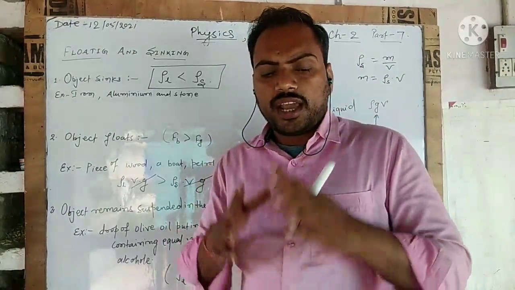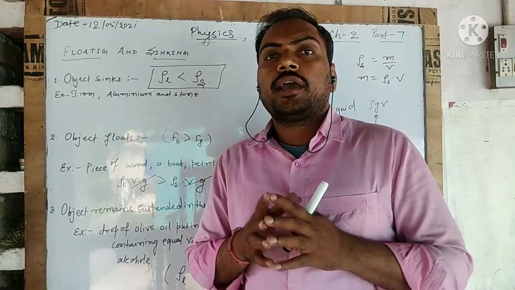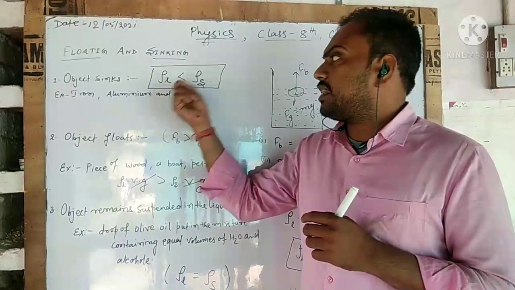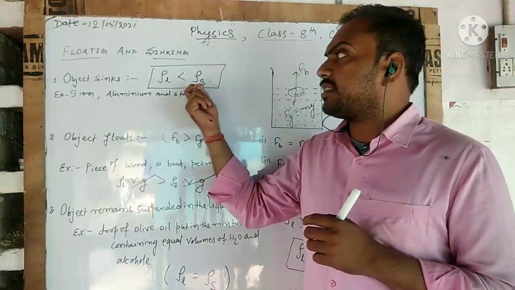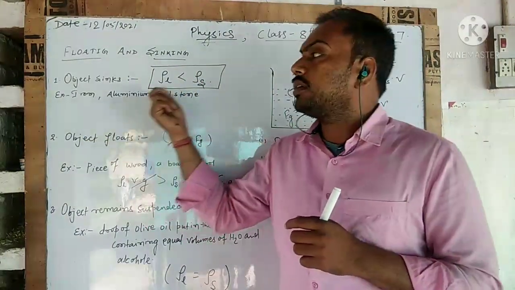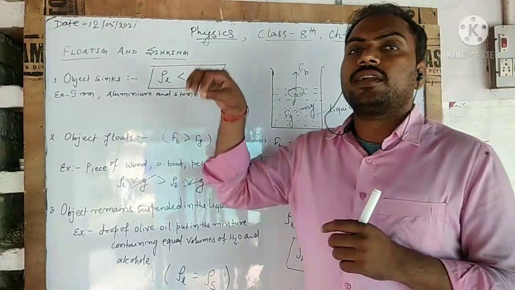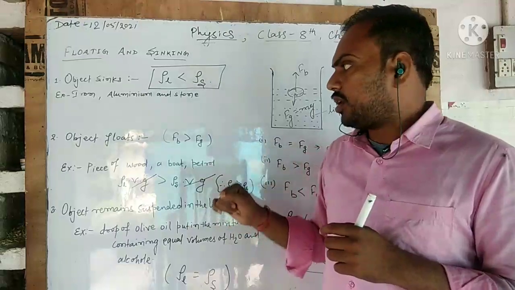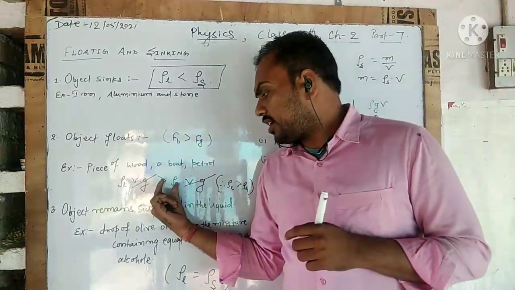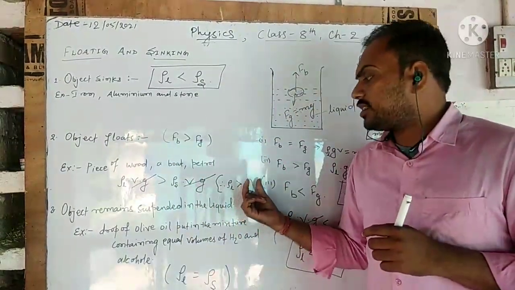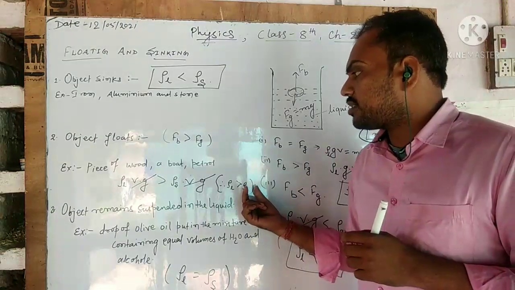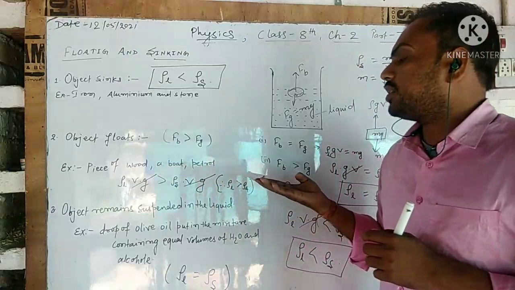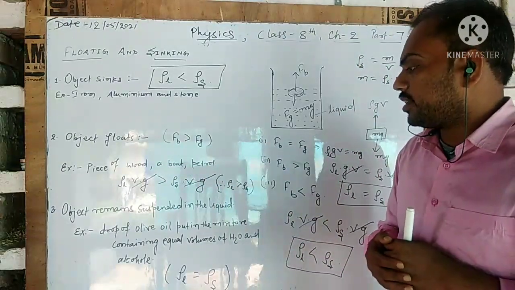From this topic we have to remember that if the density of substance is greater than the density of liquid, the substance will sink in the liquid. If the density of liquid is greater than the density of substance, the substance will float on the surface of the liquid.